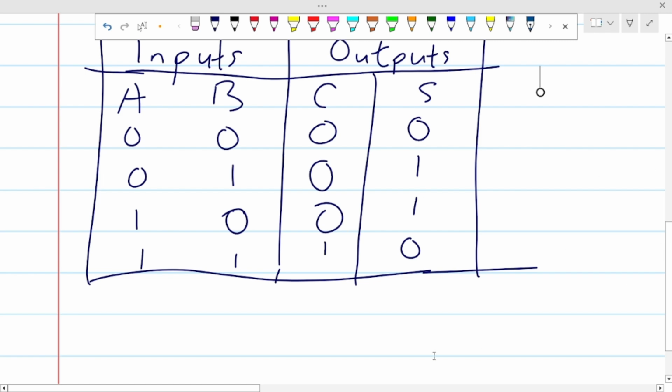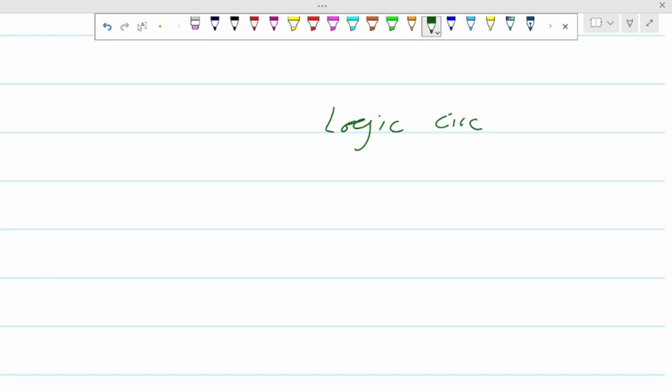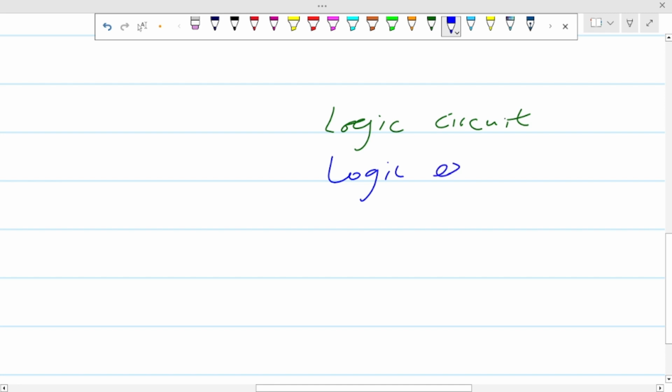So what we are doing now is deriving the logic circuit. With our logic circuit, we need the logic expression, and to get the logic expression, we need the truth table.